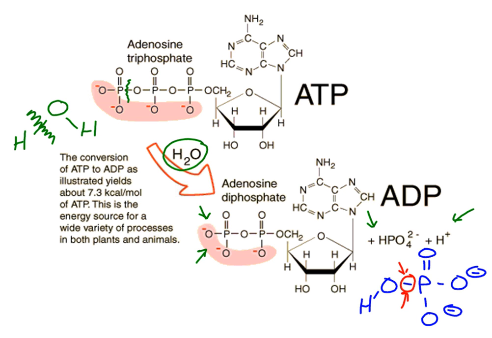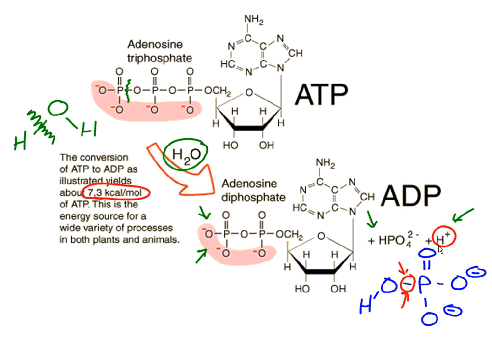The other part to this is that we have that hydrogen ion that is also available to react in this situation. So when you take all of the energy changes that are going to occur from the breaking and forming of the bonds, you have a net production of about 7.3 kilocalories per mole of ATP that gets converted to ADP.